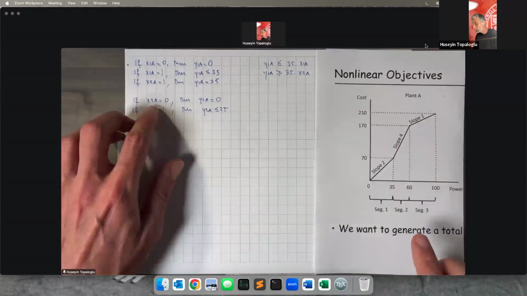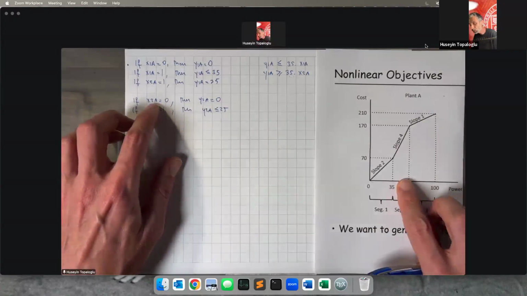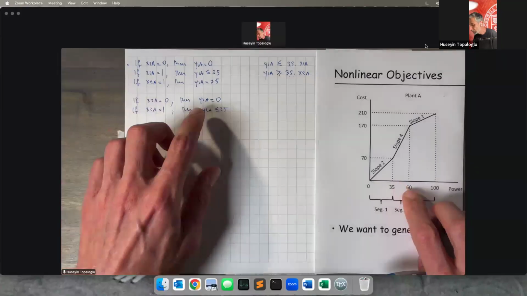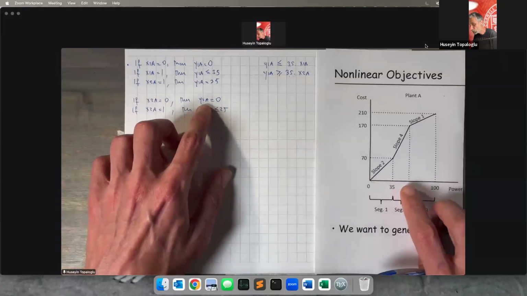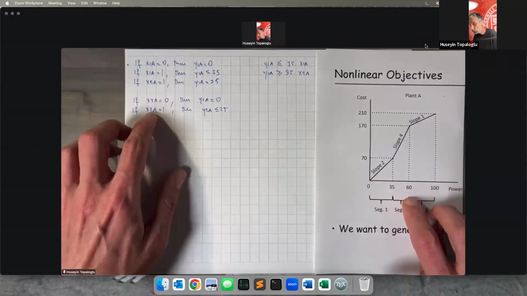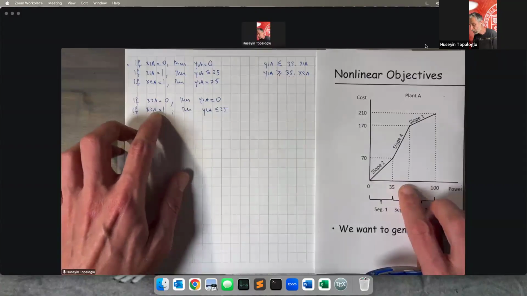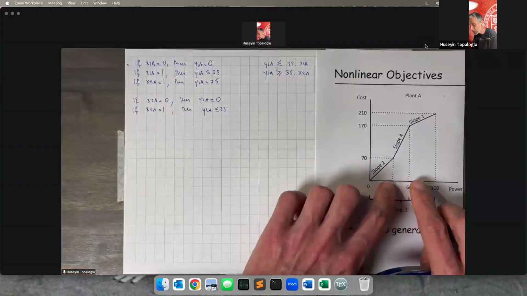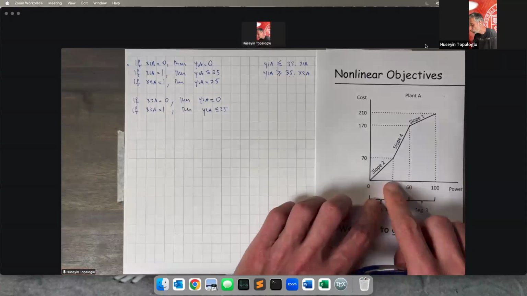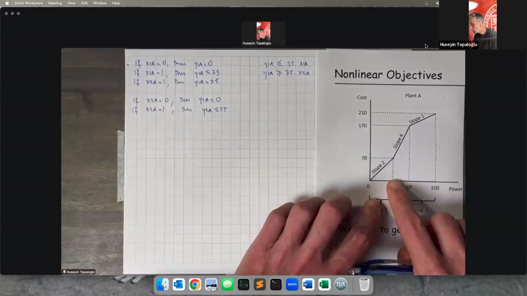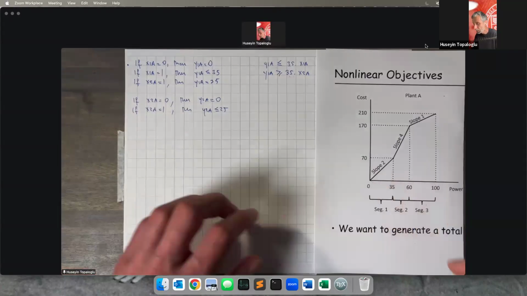This is the width of the second segment in plant A.